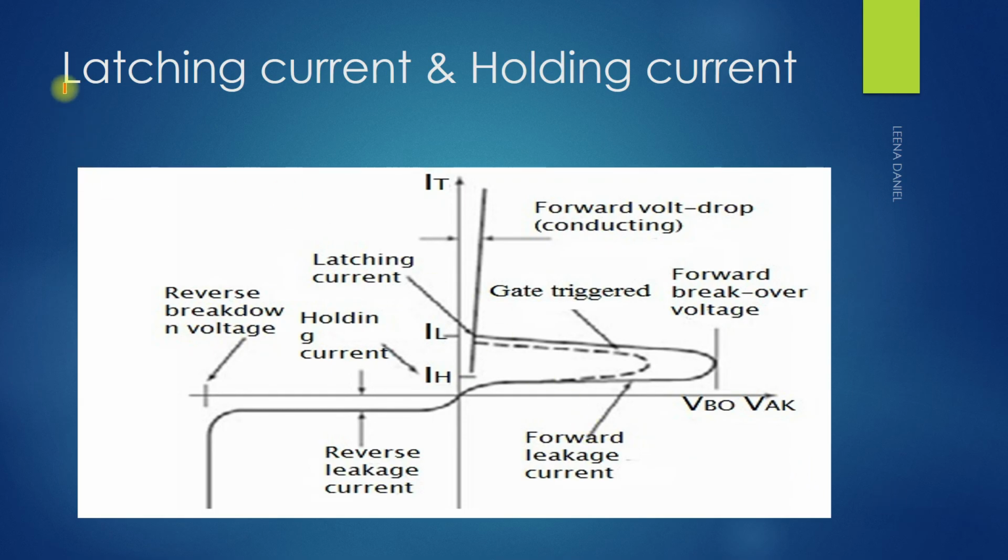I will explain two terms which we usually use for the thyristor. One is latching current and another is holding current. Latching current is the current which is required to turn on the thyristor. If we apply the gate signal at the gate terminal and increase the anode current, the thyristor will turn on at a particular current.